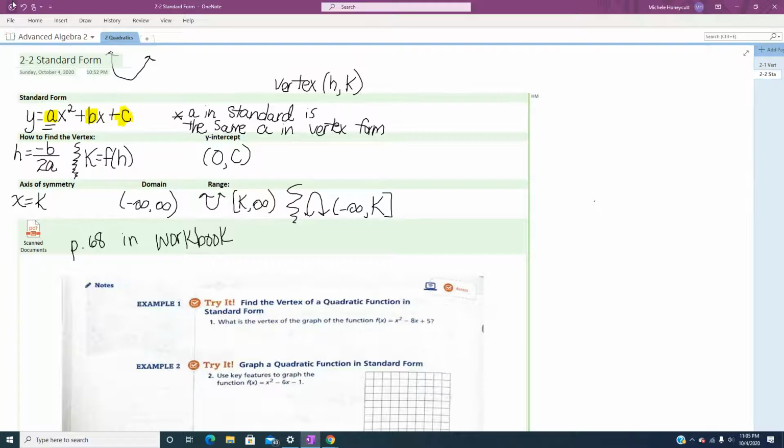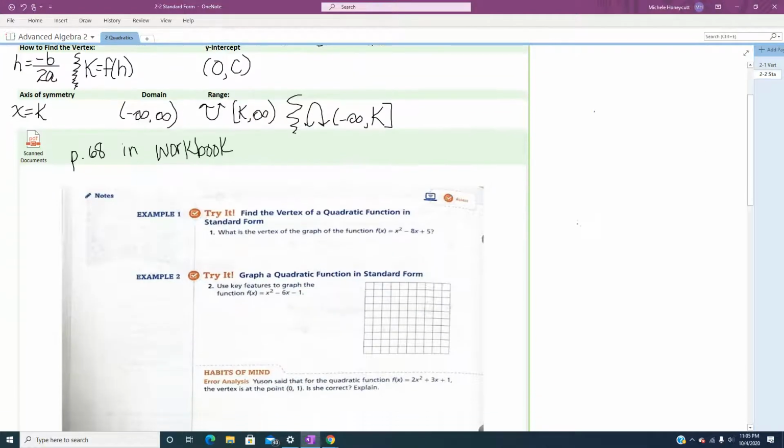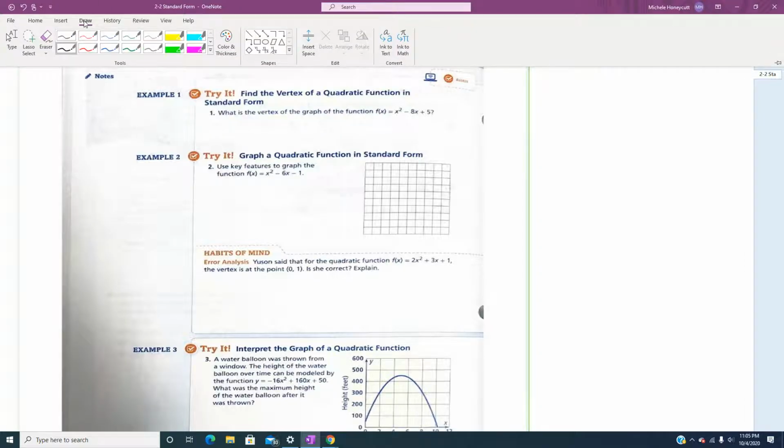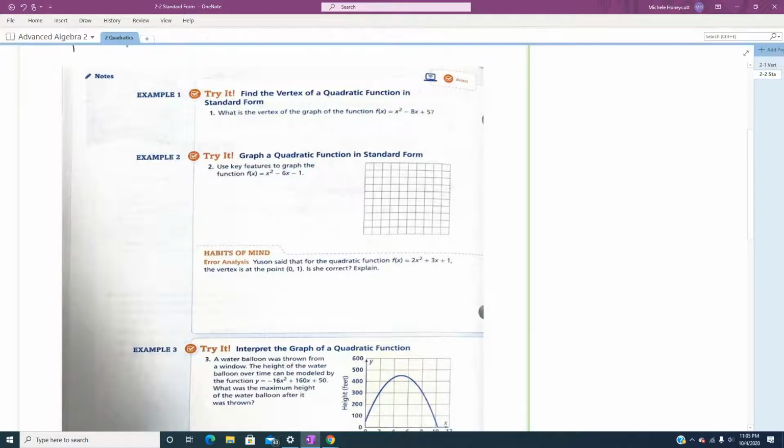All right, so example 1 says find the vertex of the graph of the function f of x equals x squared minus 8x plus 5. So the first thing I need to do is find my vertex, and I want to remember that my vertex is in the form (h, k). Let me work on finding the h part. H is, here's the formula again, the opposite of the b divided by 2 times my a coefficient.